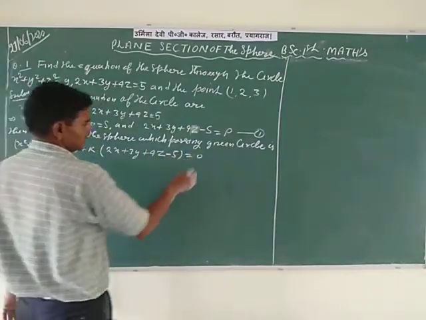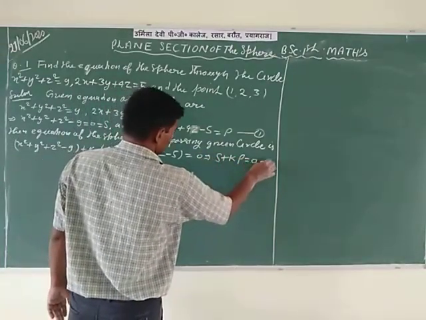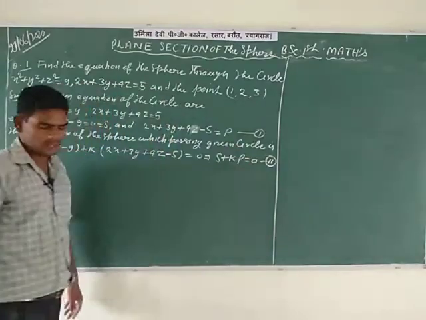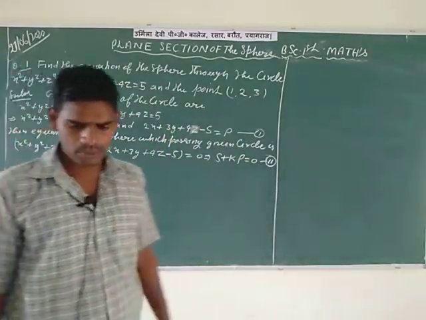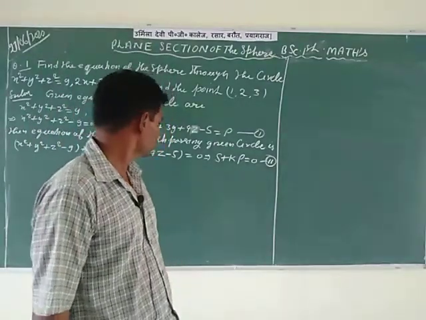It is also denoted as S plus kP is equal to 0, represented by equation second. So equation second is the combined equation of the given sphere and plane equation.